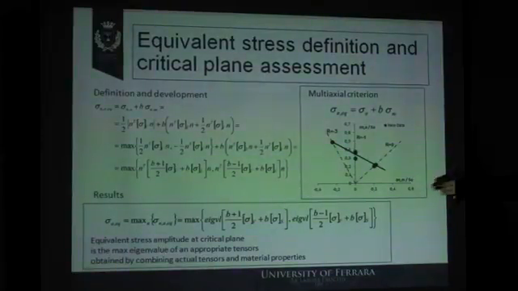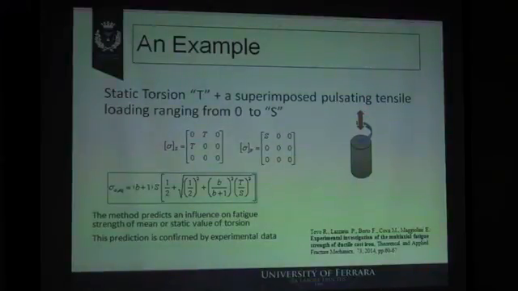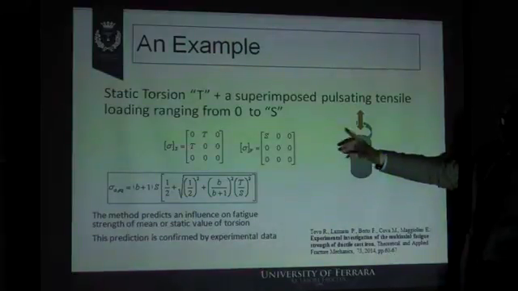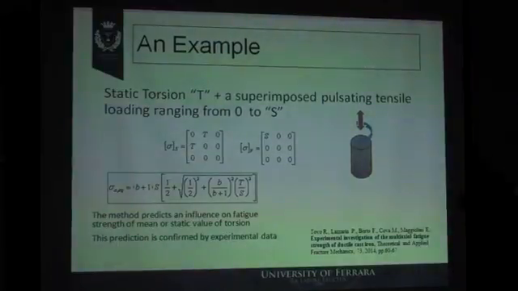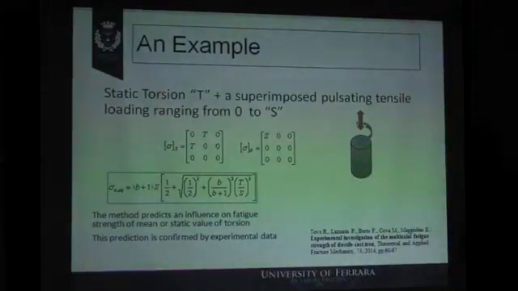And so we have this kind of formula. Is it possible? An example: if, for instance, we have a static torsion plus a time variable tension, we can address this problem with this tensor, which is a static one, and this, which is the time variable, and the result is that the equivalent amplitude depends on both.